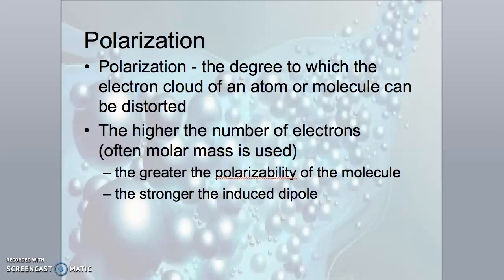So if it's a giant cloud, it's easier to distort than a smaller cloud. And realize that that smaller cloud would be a lot closer to the nucleus, so the nucleus has a little better grip on those electrons. But the bigger it gets, it could be more easily polarized. It could have that induced dipole easier.